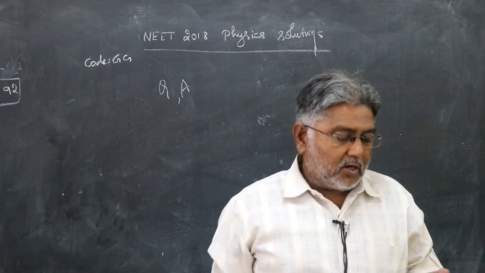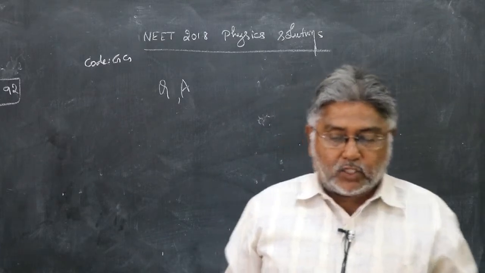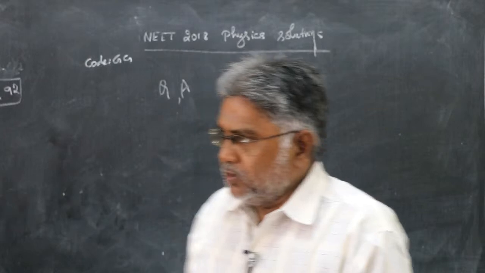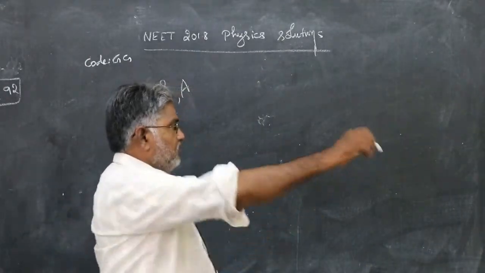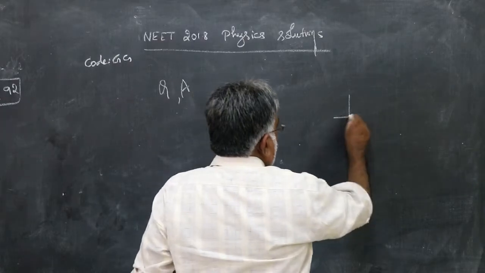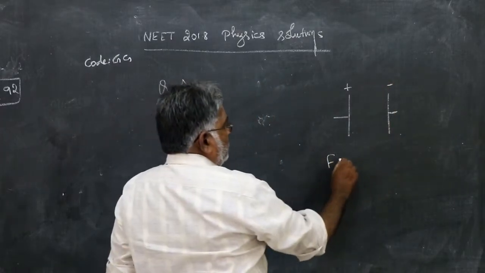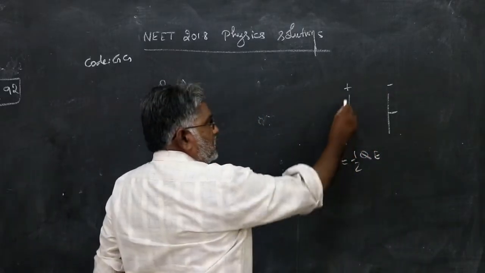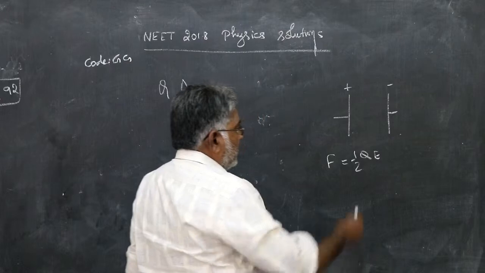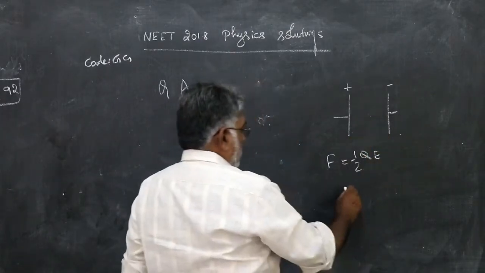Okay, this is regarding the force between the metal plates. Very simple. The formula for the force between the plates: force is half into Q into E. Q is the charge on the plate, E is the electric field anywhere in between the plates.